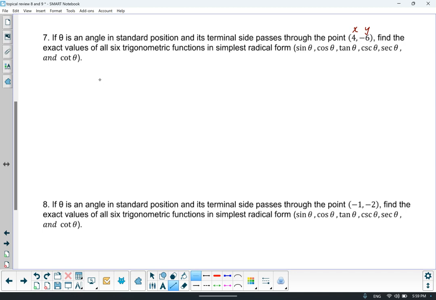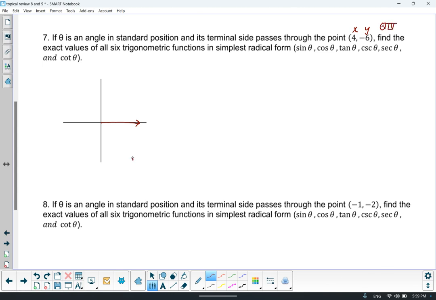So the first thing you're going to do is create an x and y axes. The fixed side of the angle lies on the positive side of the x-axis. That's always the case. And the terminal side is going to rotate until it hits the point (4, -6). Well, (4, -6) is in quadrant 4.